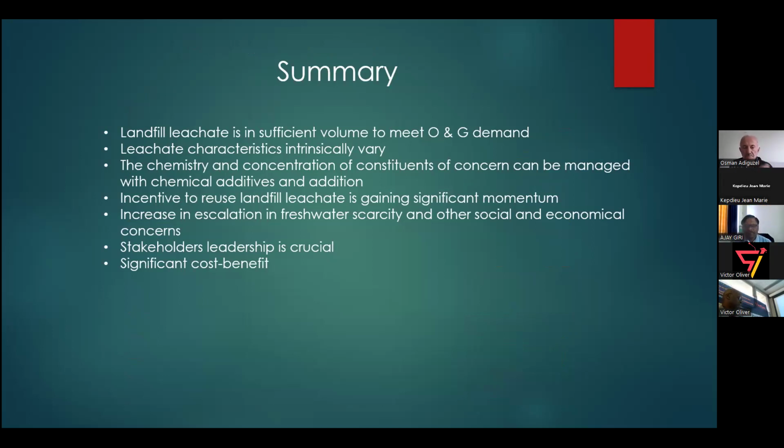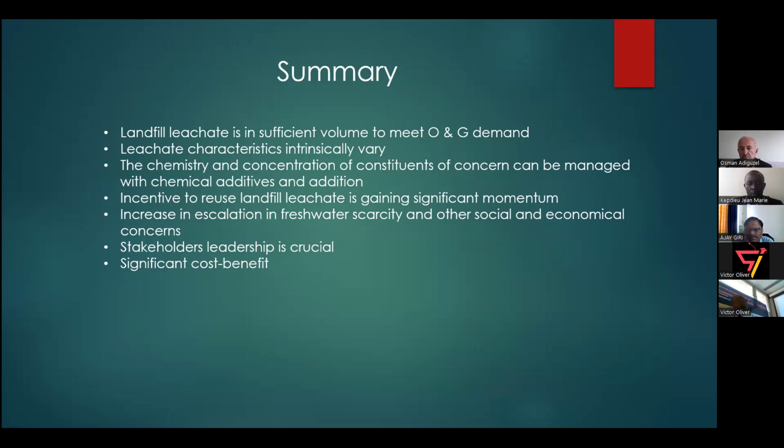The incentive to reuse landfill leachate is becoming more in the limelight, with a lot more interest, due to the escalation of freshwater scarcity, pressure from the community, and cost. Stakeholder leadership is crucial, particularly from the regulators, and everyone should be drivers of that. The leadership is very, very important.